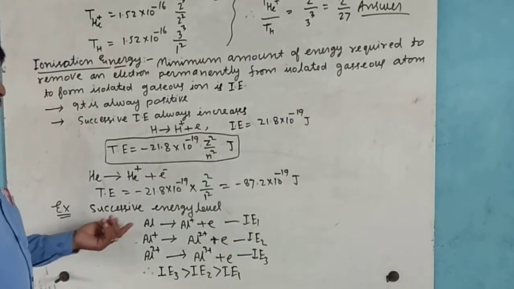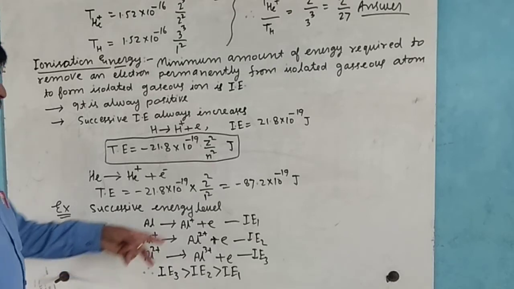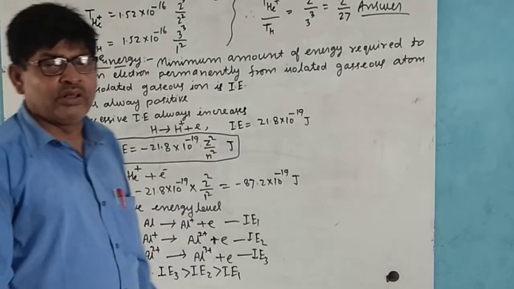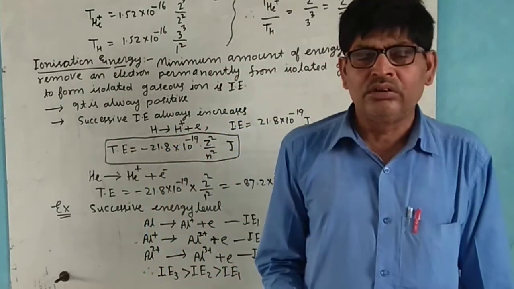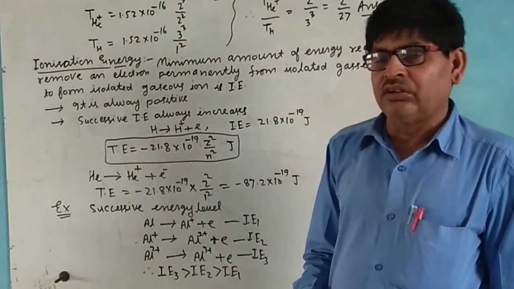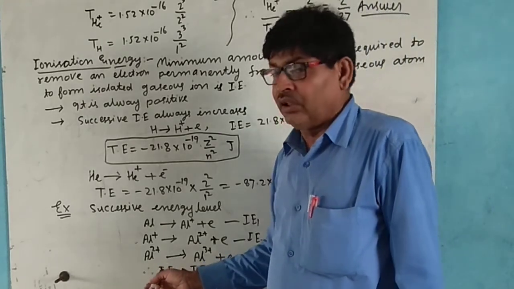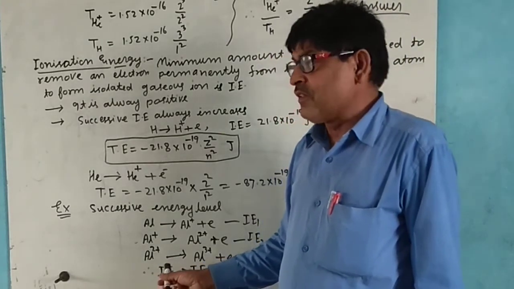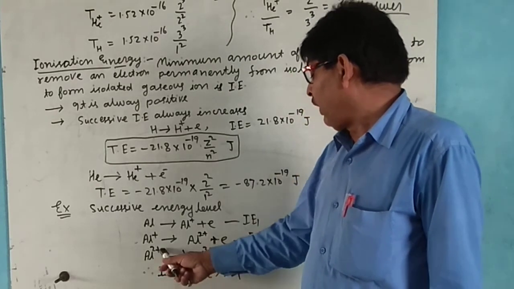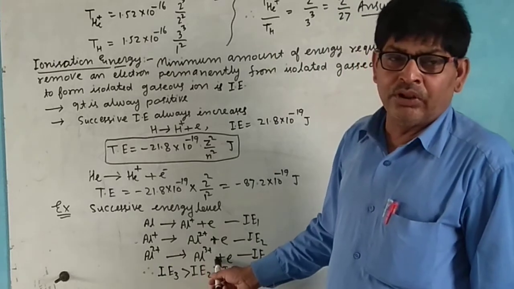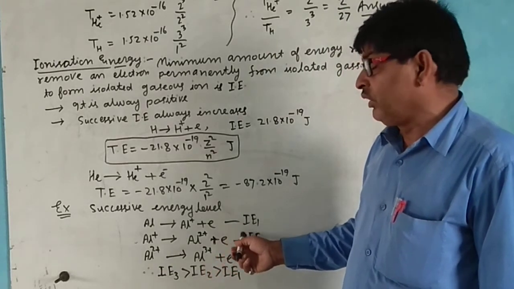Now successive ionization energies. For example, aluminum eliminates one electron to form an aluminum ion, then eliminates another electron to form Al plus 2, and then removes another electron to form the Al 3 positive ion, so we have ionization energies IE1, IE2 and IE3.